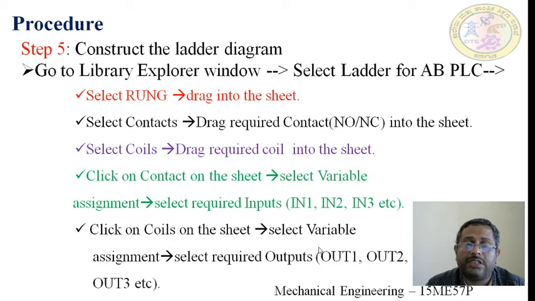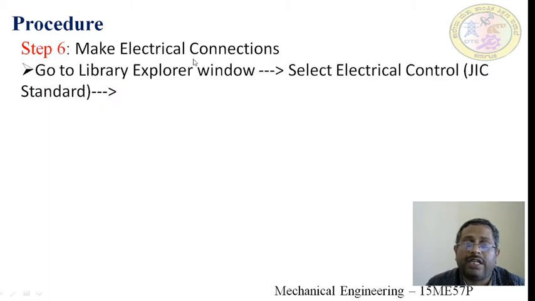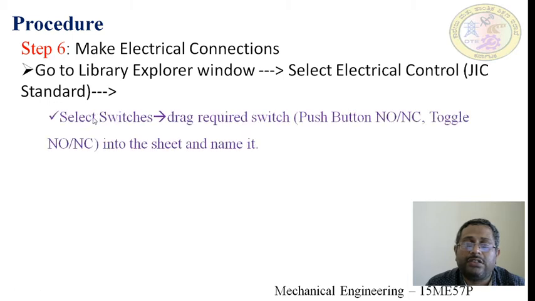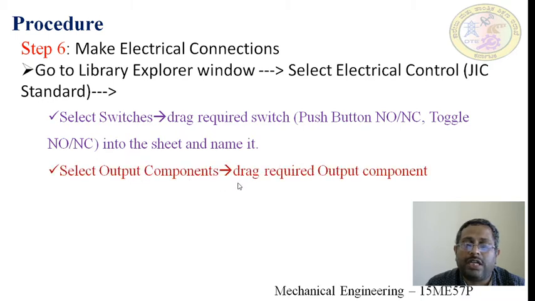Next step, that is step 6, you have to make electrical connections. For that, you have to go to the Library Explorer window. In that, select Electrical Control JIC standard. In that, select switches and drag the required switch, that is either push button type or toggle one, into the sheet and name it as switch 1, switch 2, or button 1, button 2, etc. After placing the switches, we have to place the output components like solenoid.